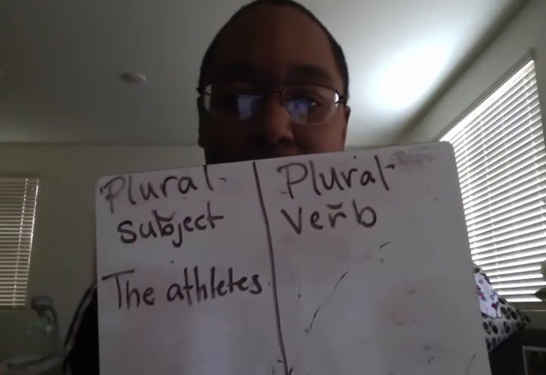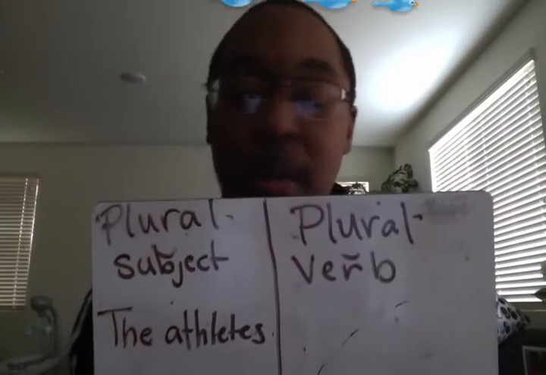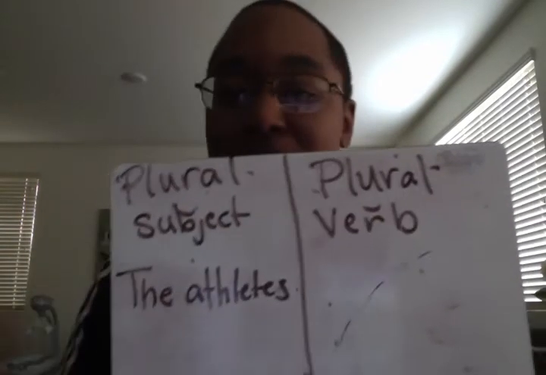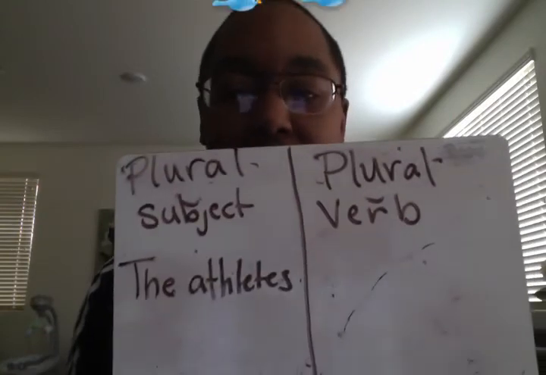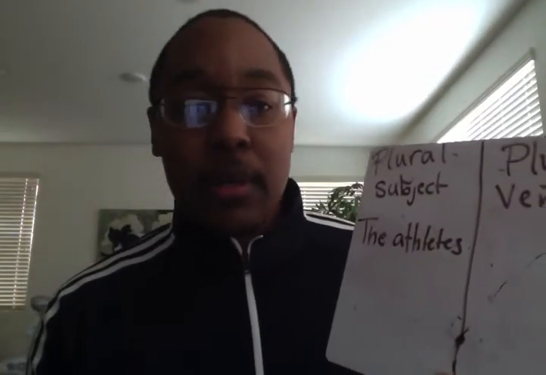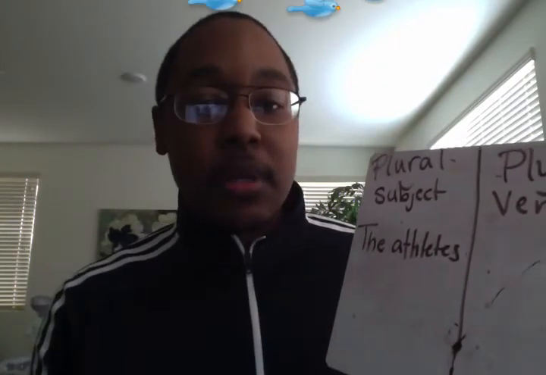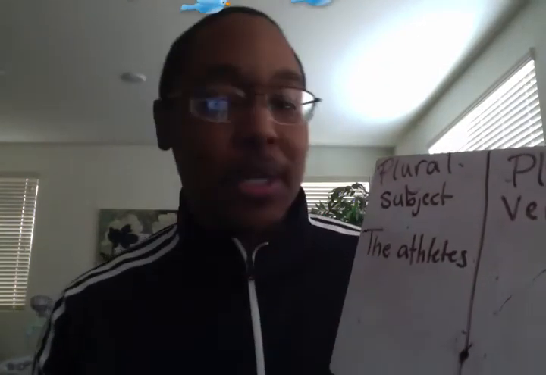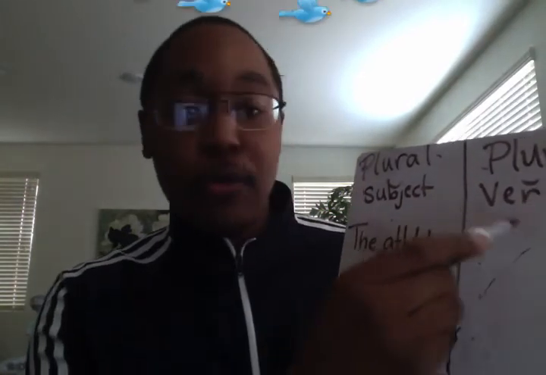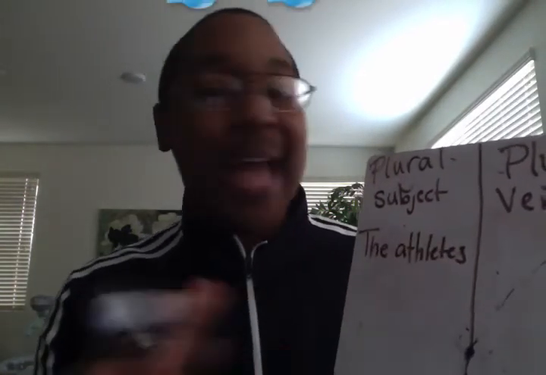Plural subject, more than one athlete. I'm not talking about just one athlete. I'm talking about multiple athletes. Okay, I could just be talking about two athletes. I'm going to have an S on the end, right? It needs to match a plural verb. Plural verbs do not have an S on the end, okay? Plural subject, my subject has an S on the end. Plural verb, my verb will not have an S on the end.